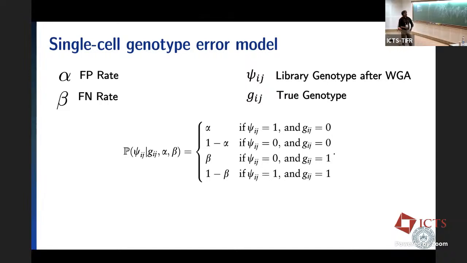So that can give rise to something called a false negative. On the other hand, we can have something called a false positive. So what is the false positive? Again, you saw it earlier that in the sequencing data, we are seeing the signal of a mutation, but this is actually just an artifact of the sequencing amplification process, right? So to deal with those, we can just use this false positive rate.